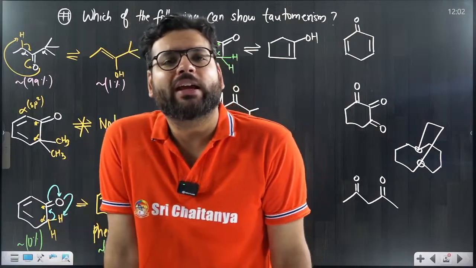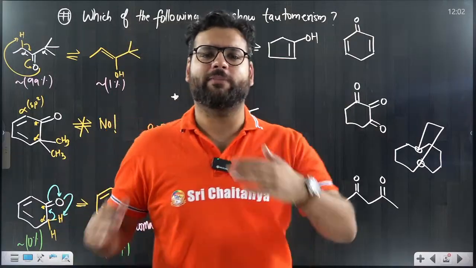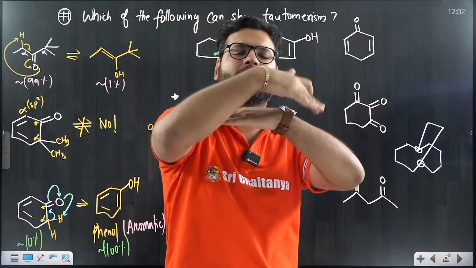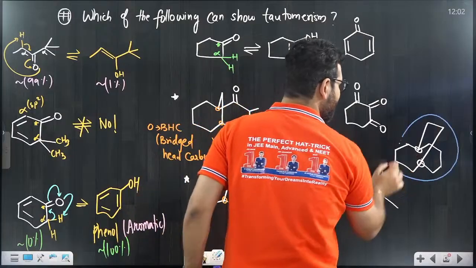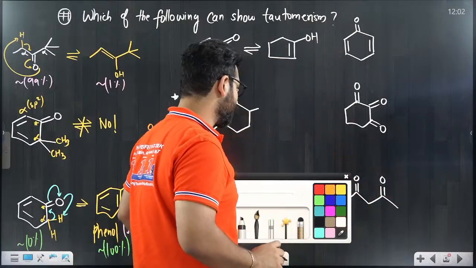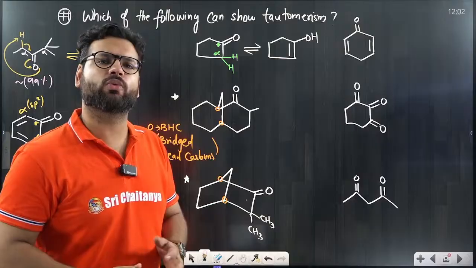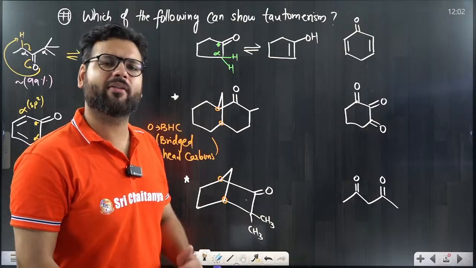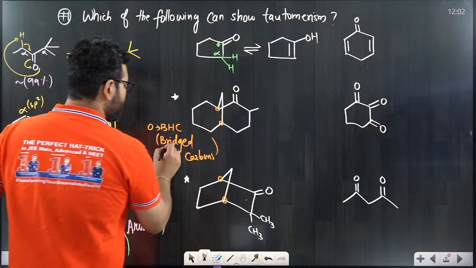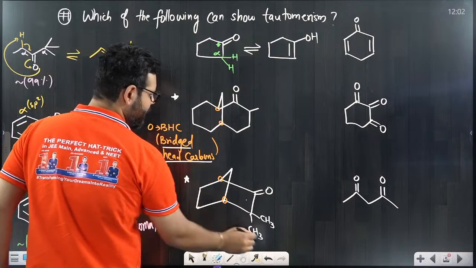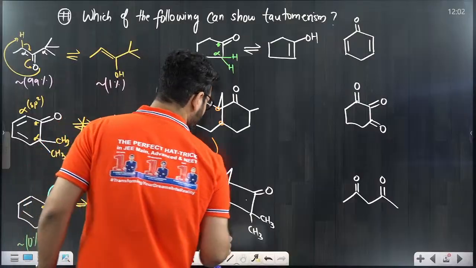And we know that a flyover can never be planar. Obviously, a flyover has to go out of plane to become a flyover, no? So these are called bridgehead carbons, and bridgehead carbons can never become planar, means they can never become sp2. This is one rule that you should remember. Bridgehead carbons can never become sp2, can never become planar.